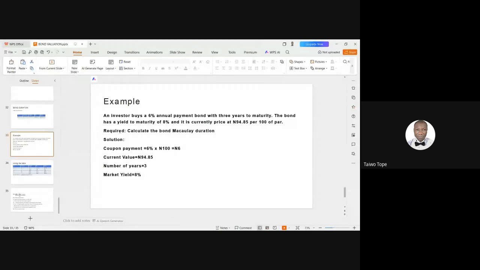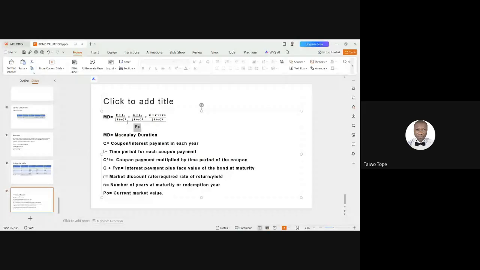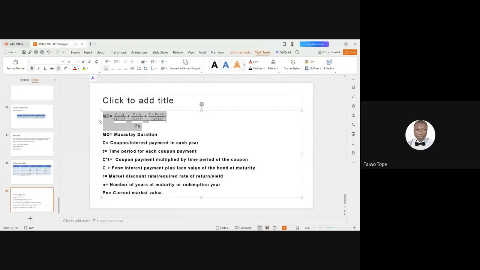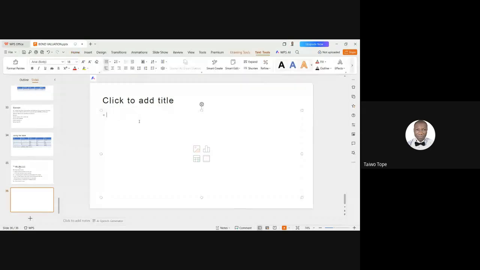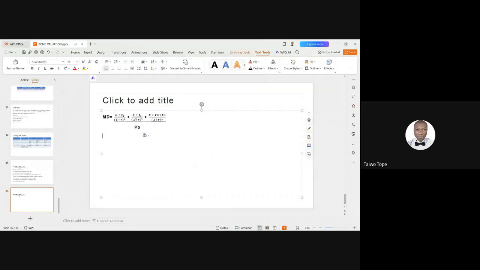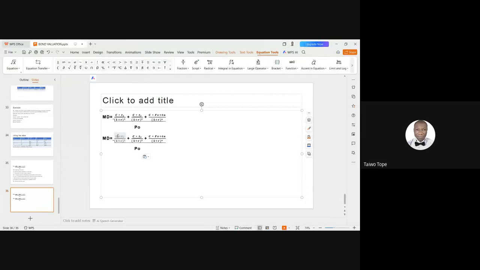So now, using this formula, can we solve? Yes, we can. Let's use this formula to replicate the result we have using the table. Your C, your coupon, is 6 naira. Your T, the period, is 1.